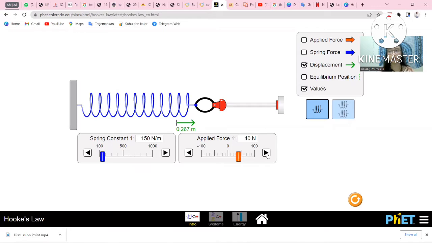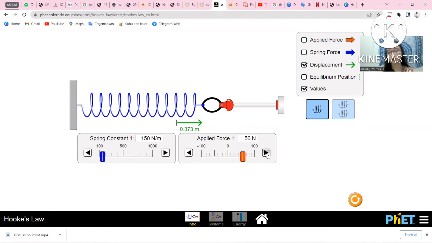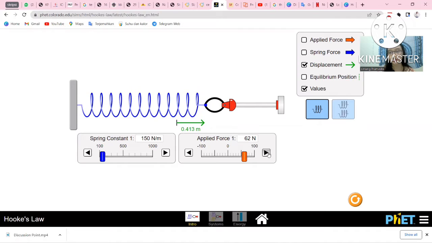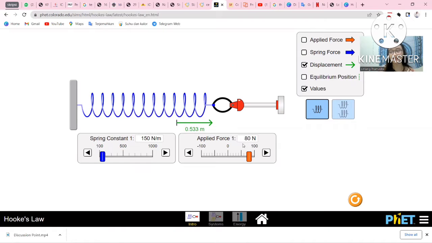And when we add more force, we add 60 Newton. We can see that the displacement value is 0.4 meters. And when we add more force, we add 80 Newton.